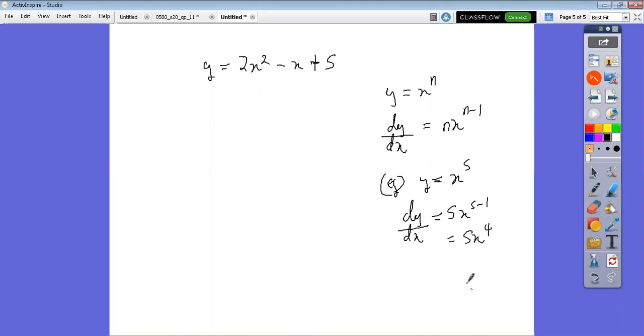Is everyone following? If I have y is equal to x squared, dy over dx is simply equal to 2x to the power of 2 minus 1, which is 2x to the power of 1. Following?